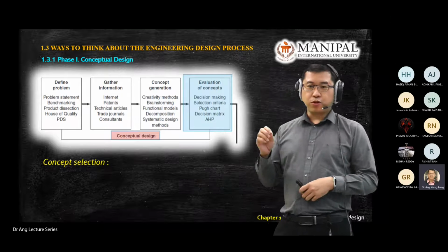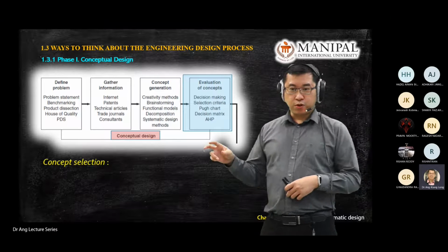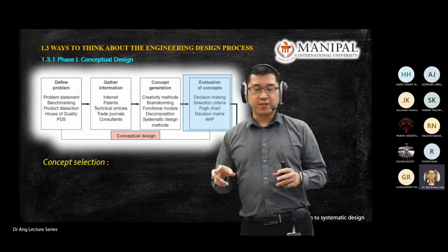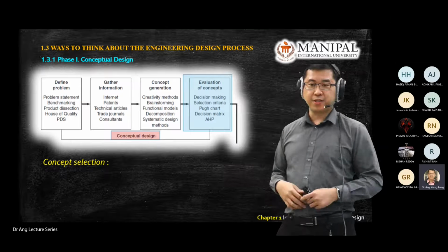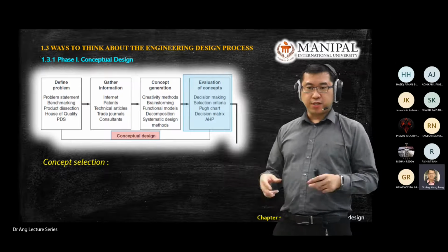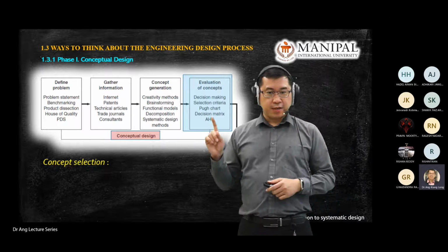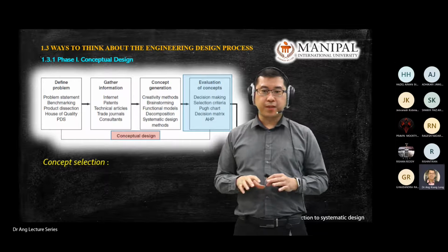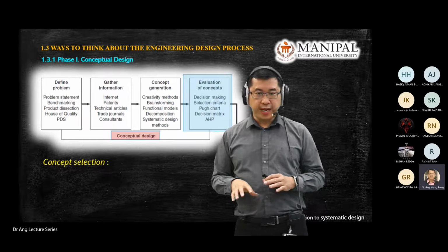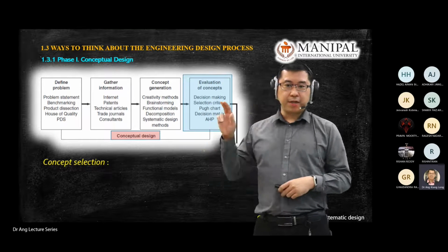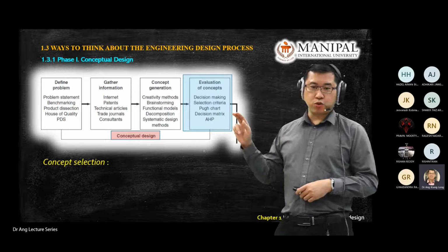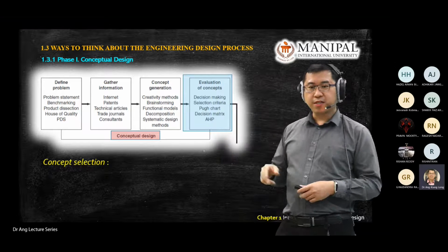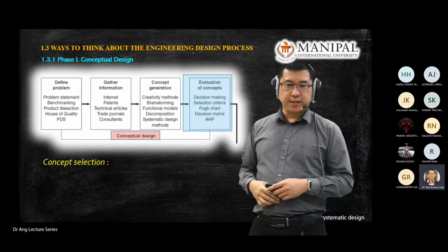You need to know how to use software to do analysis, for example finite element analysis, structure analysis, and so on. But at this stage, you still don't need to go for software analysis yet. It's just that there are some criteria you need to choose so that you know which one is the good design.